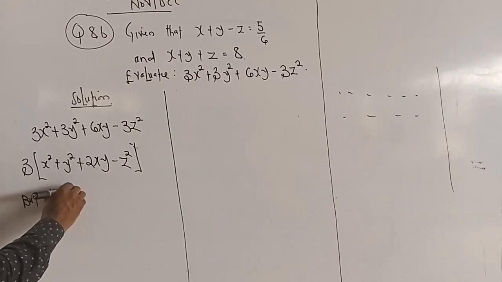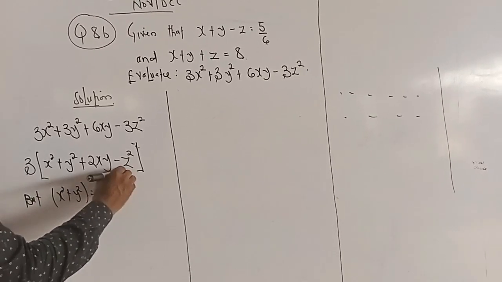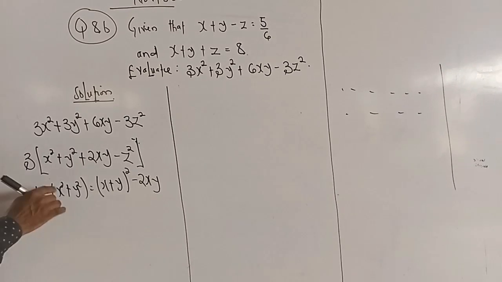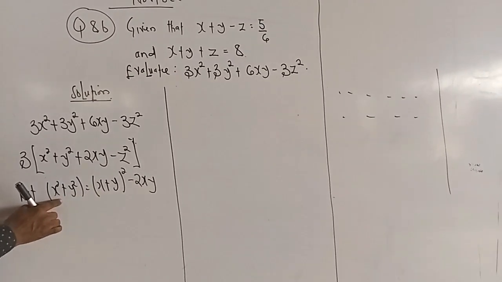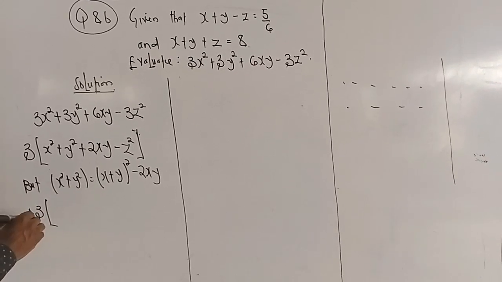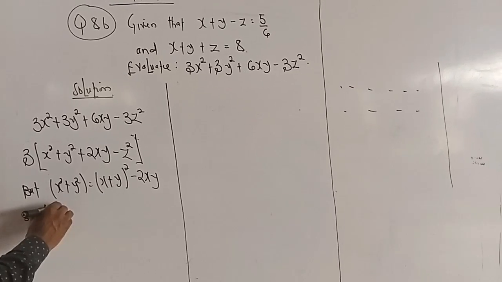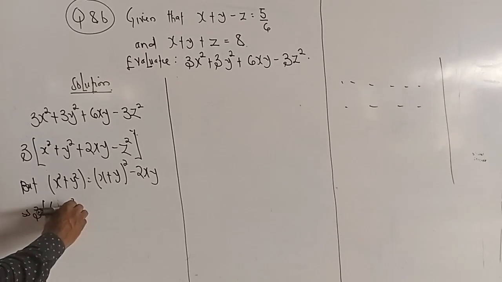But recall that x squared plus y squared can be written as open bracket x plus y all squared minus 2xy. So if we substitute it into the original expression, we have 3 into x plus y all squared minus 2xy plus 2xy minus z squared.